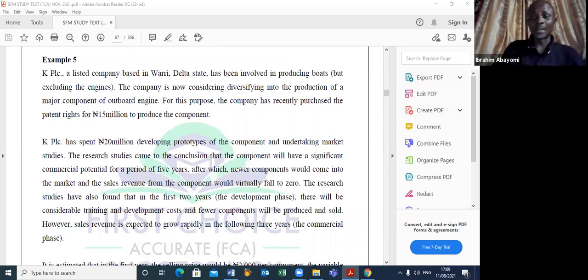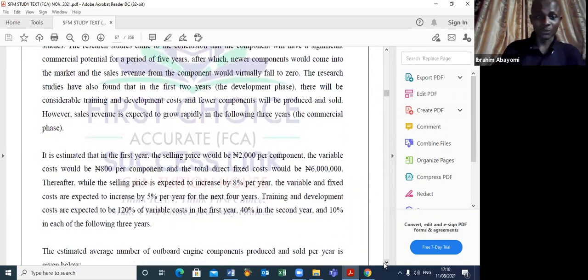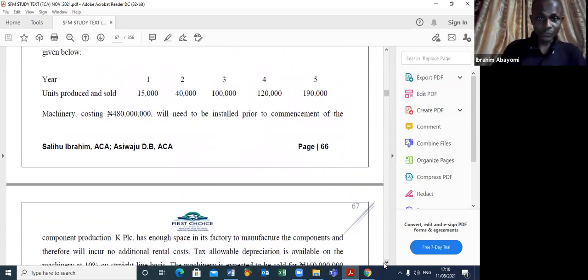You will only read it once, or at most twice. If each time you want to pick information, such as the tax rate, you go and read it again, you will have succeeded in wasting your time. So let's go and see the requirement of this question. What does the question want us to do? So let's see.